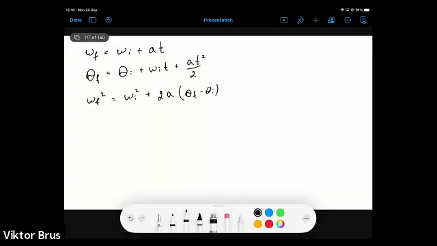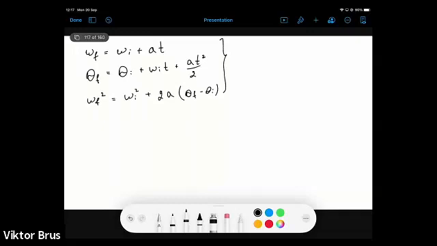So this is all the same structure as the kinematic equations for translational motion with constant acceleration. But here we just operate with angular velocity, angular acceleration and angle theta instead of x, v, and a. So these are called kinematic equations for rotational motion with constant acceleration, and they are applicable for cases when you need to deal with quantitative analysis of rotational motion of rigid bodies.